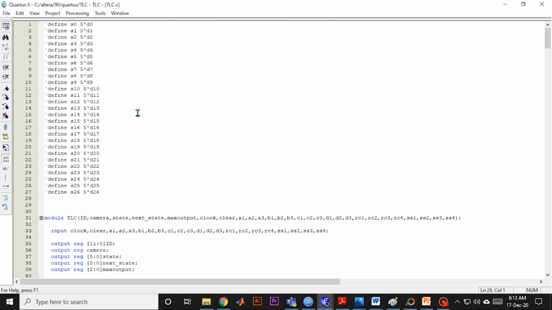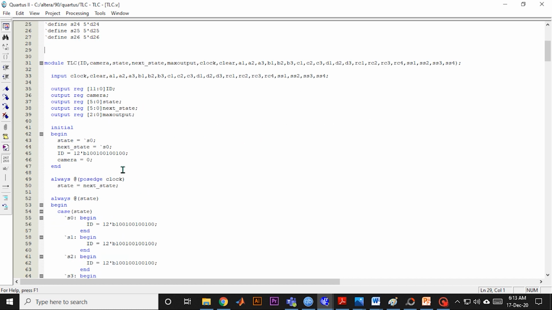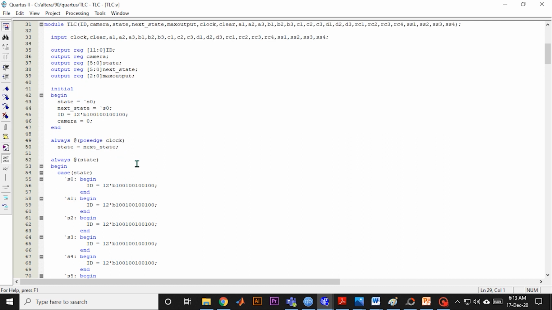Okay, so this is our Verilog code. At first we're defining all the 27 states, and this is our main module. Here you can see our input and output variables. At first we're initializing the inputs, and then we have 3 always blocks in our code. The first always block occurs whenever the clock has a positive edge, and in that always block the state value is updated with the next state value.